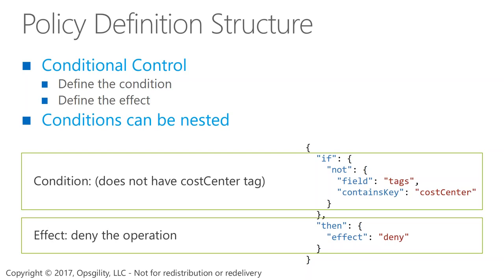You can see here as an example that my control says if not field tags contains key cost center, then the effect is going to be to deny that creation. So this in effect is forcing the use of a tag that contains the cost center key.